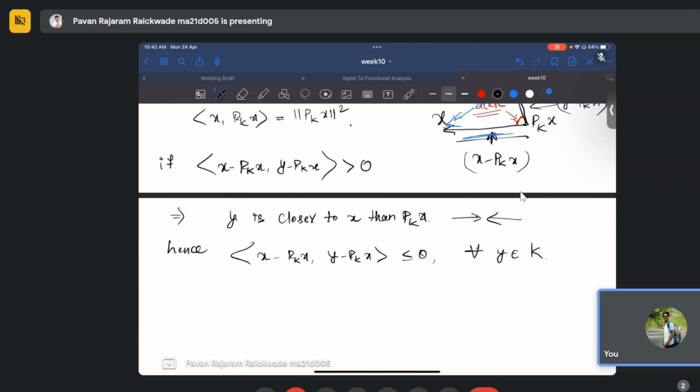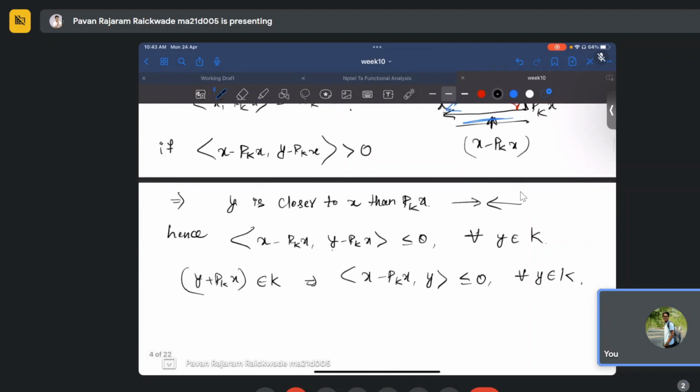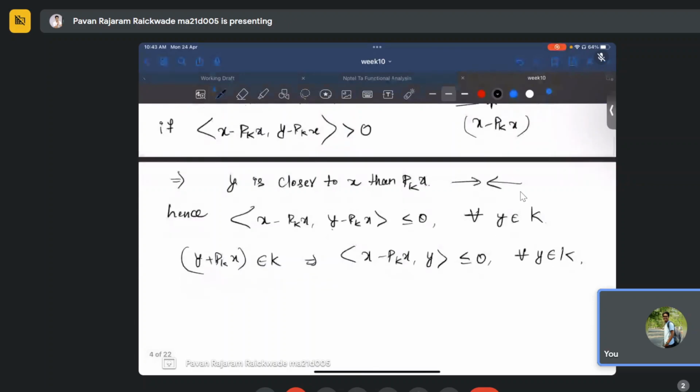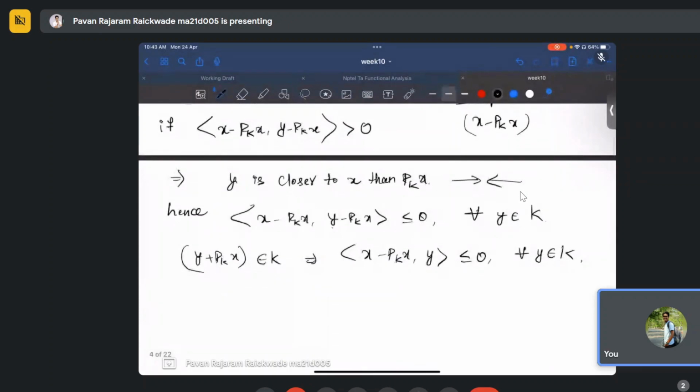Now, in place of y, because PKx is in the cone, from part (a) y plus PKx is again in the cone. If I put y plus PKx, I get the inner product of x minus PKx with y to be less than or equal to 0 for all y belonging to K. Now I'll change the value of y.